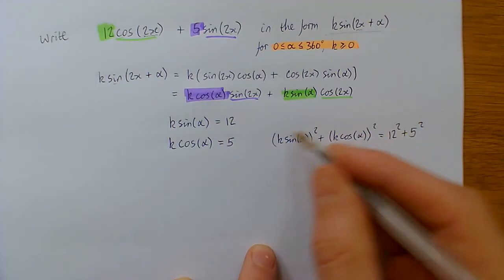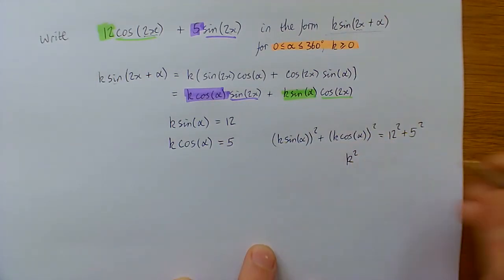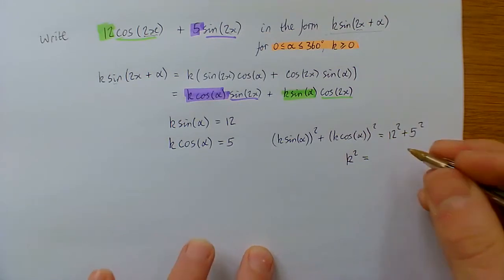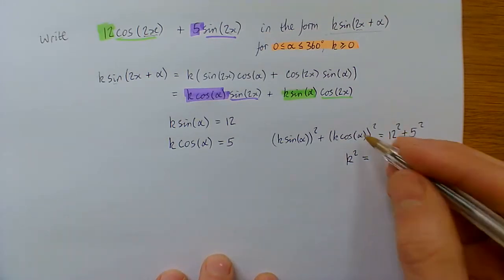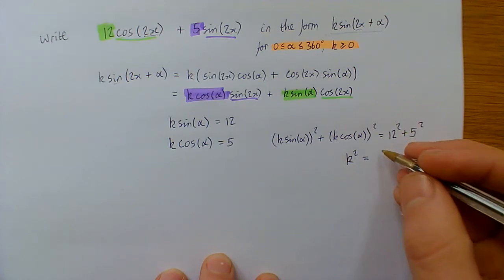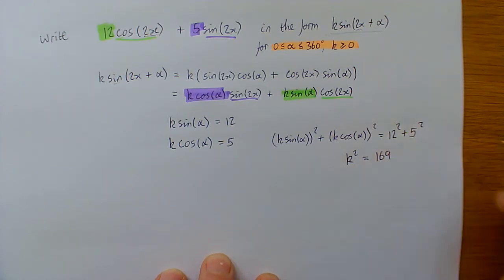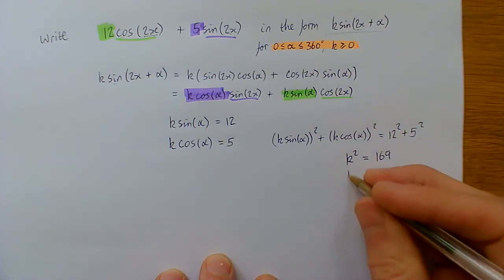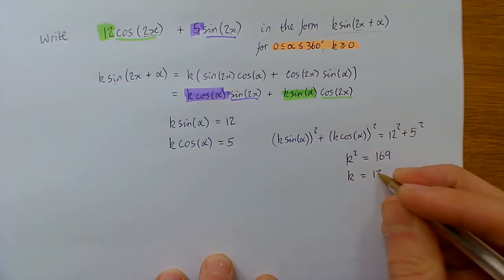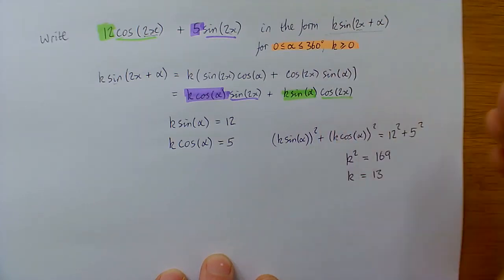This whole section here, using that same approach we do each time, simplifies to k squared. As I say, I'm not writing all that working. You can reconvince yourself every time if you want to, but I wouldn't bother. 12 squared add 5 squared, even on the calculator, you can just pop that in. You get 169. And so k equals 13. We're keeping the positive square root because we want k greater than 0.